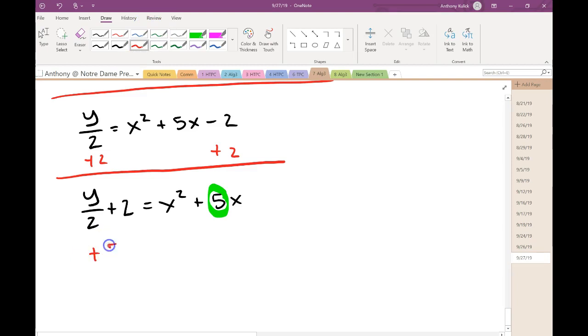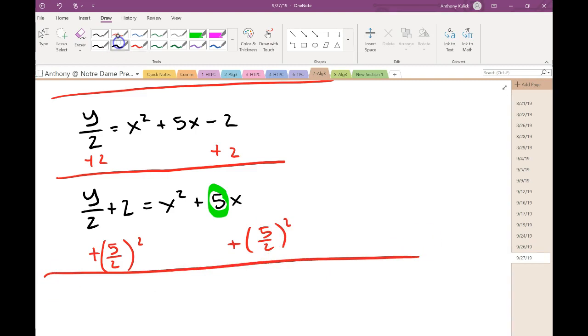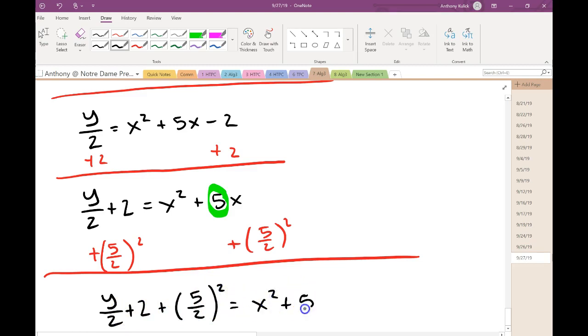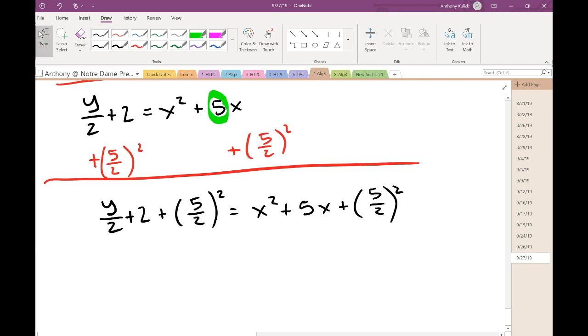So I'm going to add 5 over 2 squared to both sides. So far, so good.